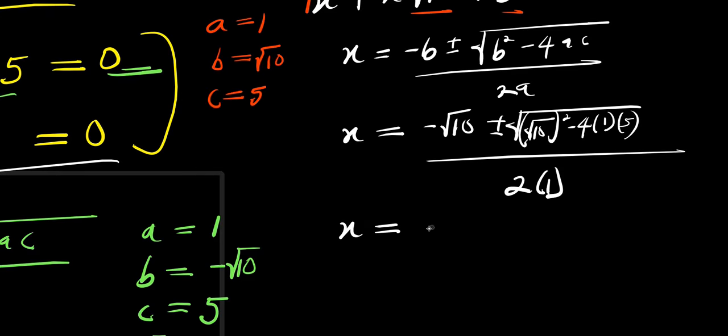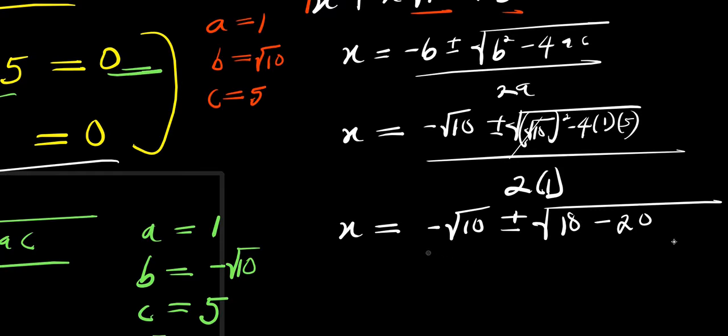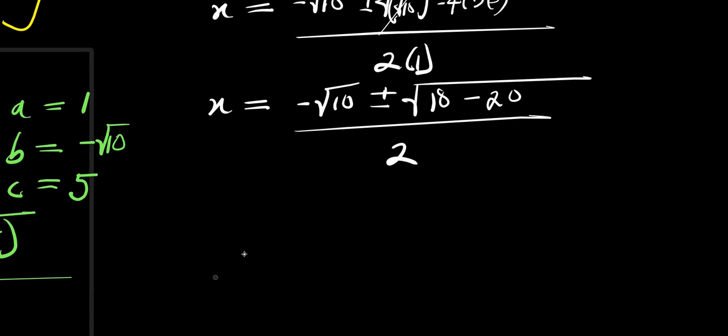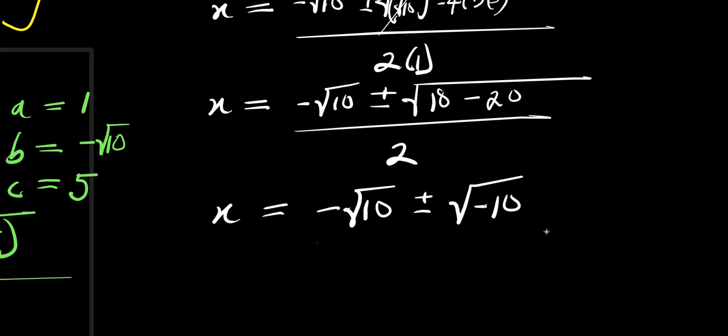From here you have x equals negative root 10 plus or minus the square root of, this square root cancels the square, I have 10 minus 20, divided by 2. So from here, I have x equals negative square root of 10 plus or minus the square root of negative 10, divided by 2.